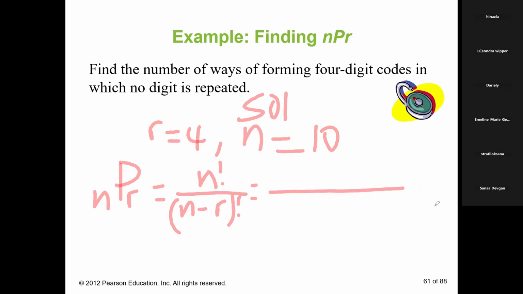What is n? n is 10. What is r? r is 4. Okay? Got it? And then you solve this. So let me just show you the solution here.